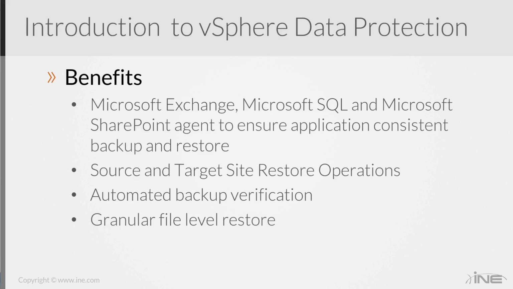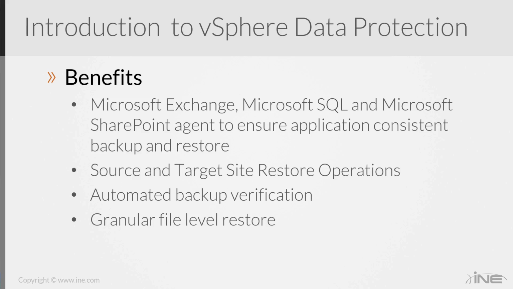Okay. So next in our list here, I have source and target side restore. With vSphere Data Protection, we have the ability to replicate data to a target site in addition to our backup operations. Along with this, we have the ability to initiate a restore operation from both the source location and the backup or replication target location.